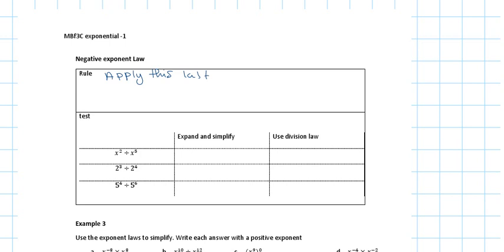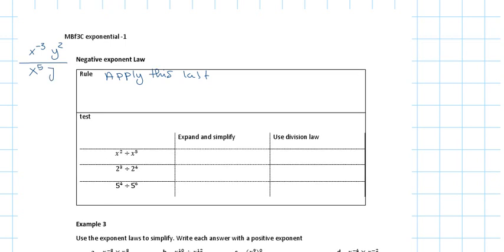So let's say you have x to the power of negative 3, y to the power of 2 over x to the power of 5, y, something like this. Don't flip this at the beginning. Leave it till the end. Do your other exponent work, do your other simplification, then flip if your final answer has a negative exponent.